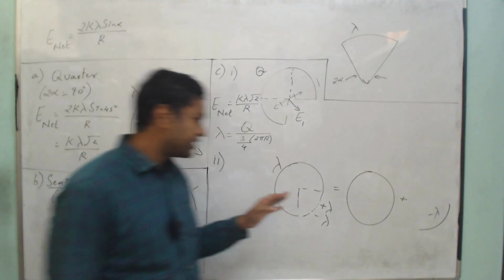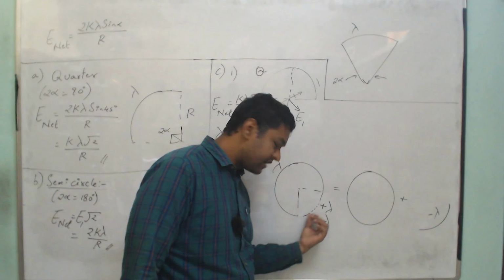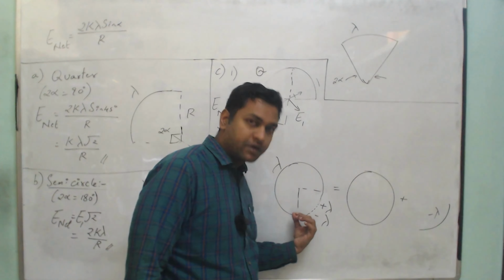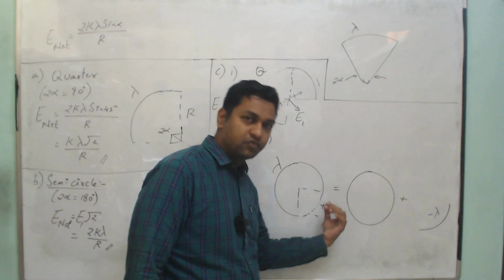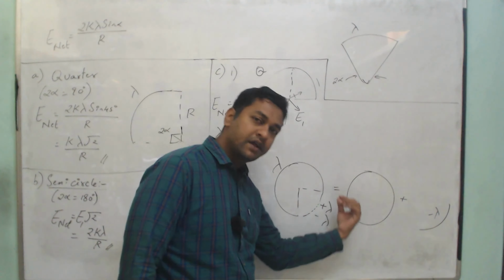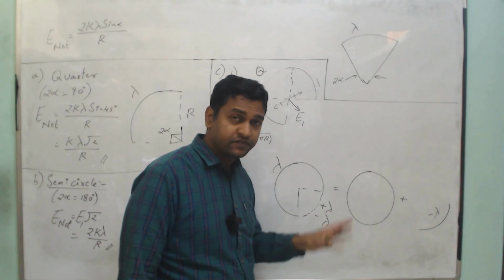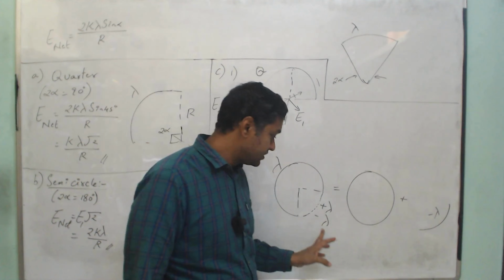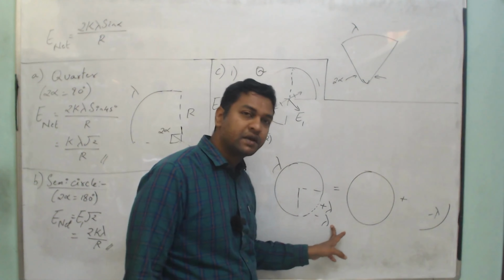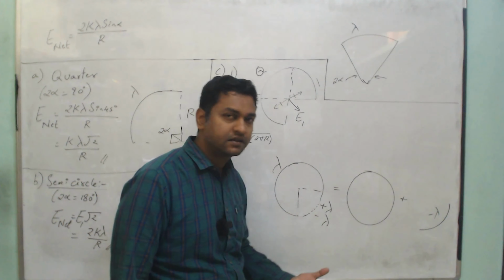So the statement will be add a wire having plus lambda in the fourth quarter also, and also add minus lambda at the same location, so that the resultant of it, addition and add plus lambda and then add minus lambda, eventually the resultant will be you haven't added anything.